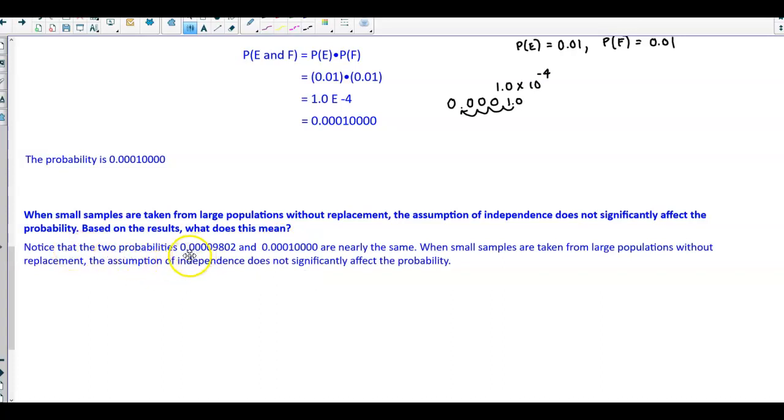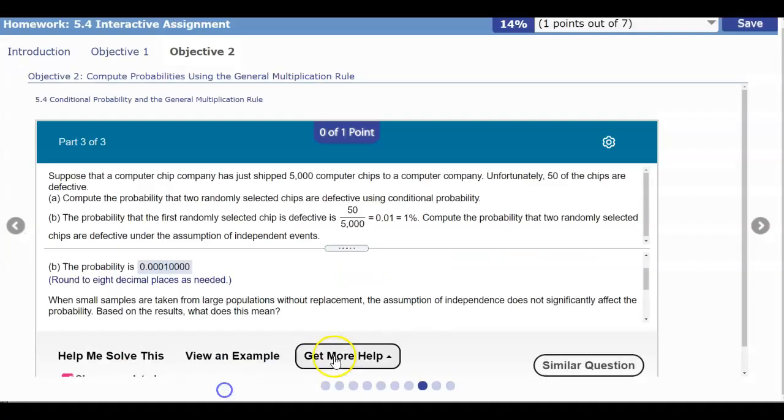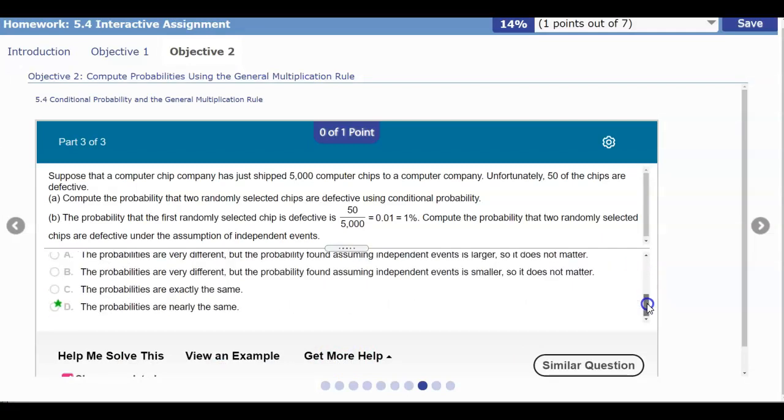Notice that the two probabilities, 0.00009, if we round that to the fourth decimal place, it'd be 0.0001, which is the same thing as this probability that we got in the second problem. And they're nearly the same. So when small samples are taken from large populations without replacement, the assumption of independence does not significantly affect the probability. So then we would select that following answer. We would say that the probabilities are nearly the same.